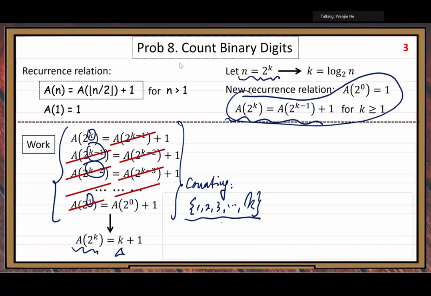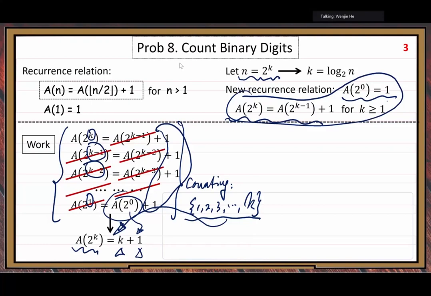Because there are k equations, and you accumulate k 1s from them. That's this k. The last one, the 1, comes from the base case. So you get an answer, k plus 1.